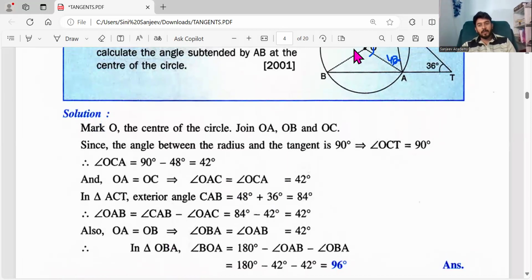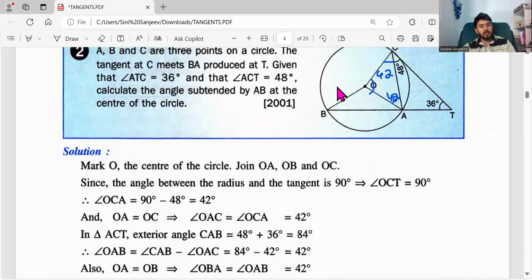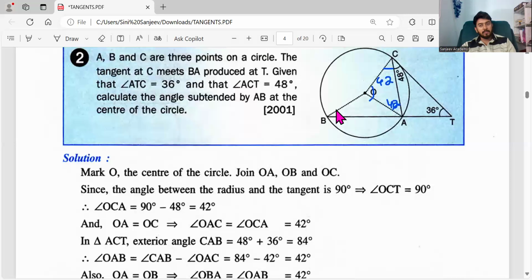in triangle OBA, OB is equal to OA, correct? What is angle OBA value? OBA angle here. You can see here the OBA angle.